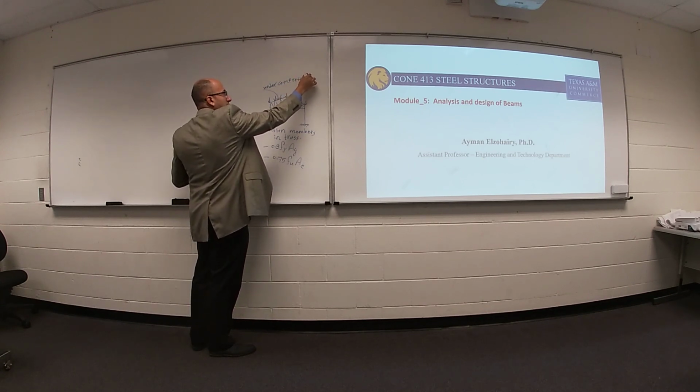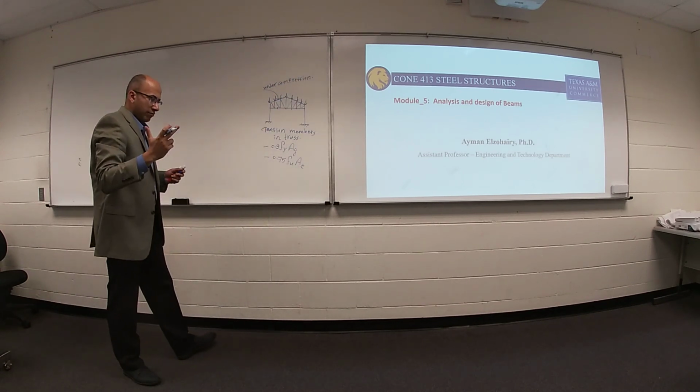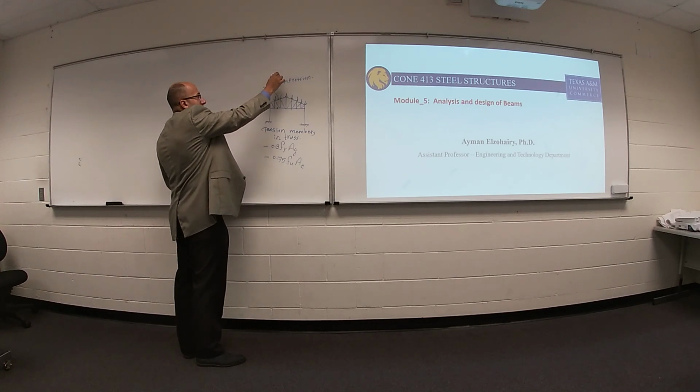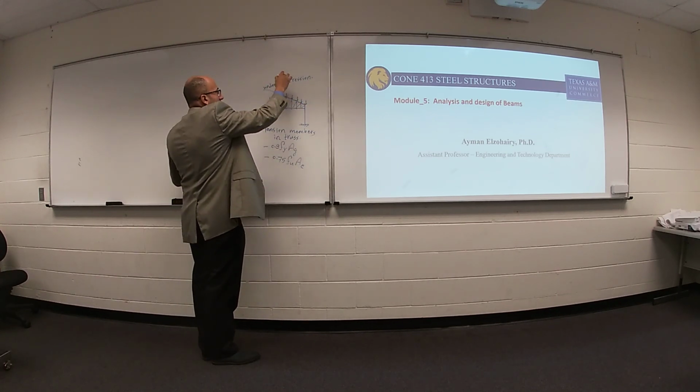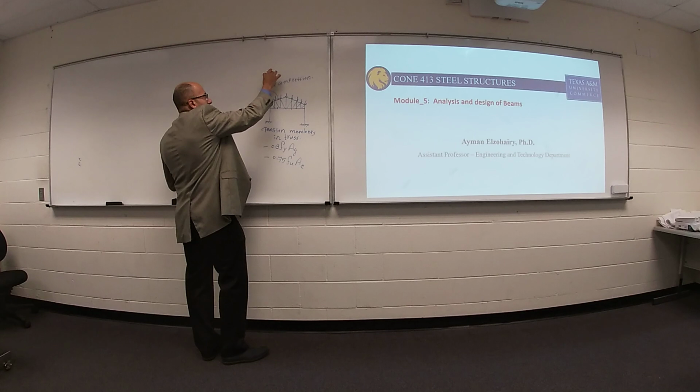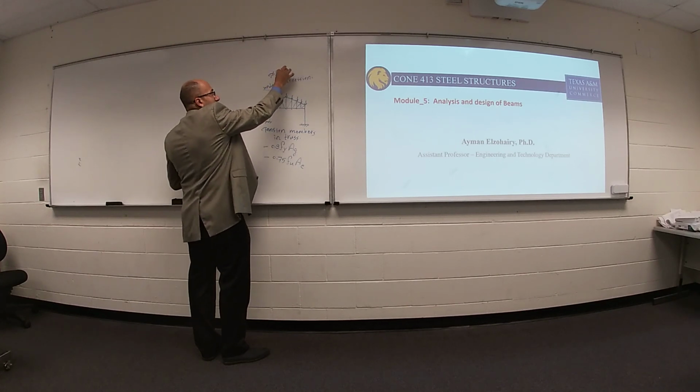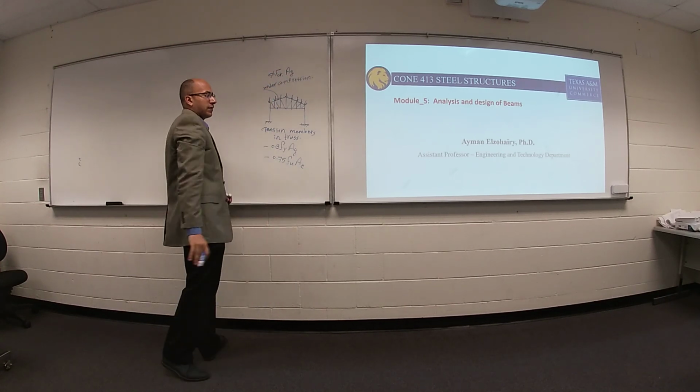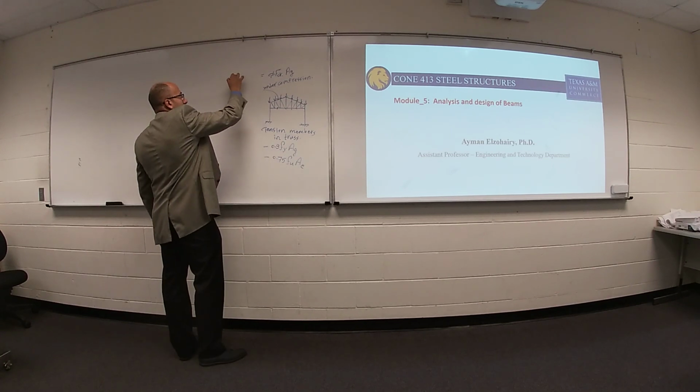This member, we need to design it just your design or your design compressive strength equal phi F critical area gross. That's all. Your design compressive strength equals this number.